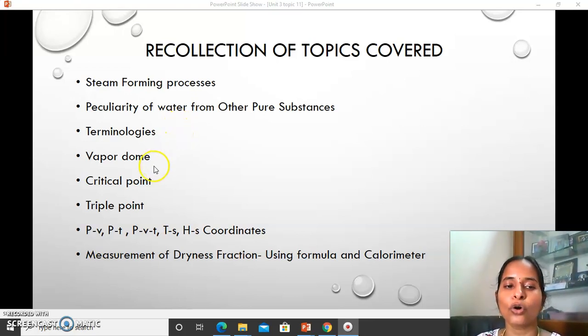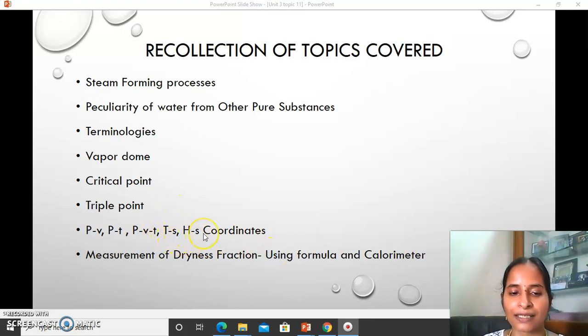And you should know, the important thing is you should know what is saturation temperature and saturation point, which would be very useful for you while taking the values from the steam tables and evaluating the various properties.